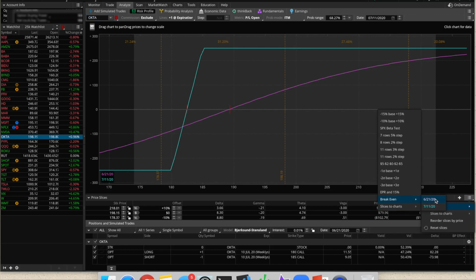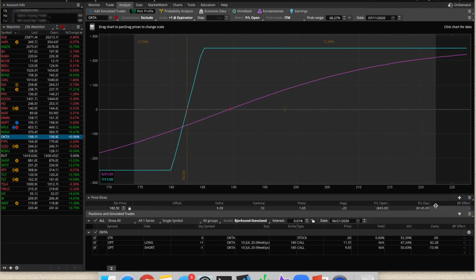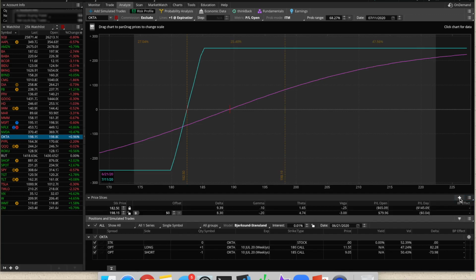This is the current date, 6/21, and this is the expiration date. Since I want to explain to you how this will behave as expiration approaches, let me choose 7/11, and then let me add another slice, which will simply add this line which indicates the current price of Okta, which is at 198.